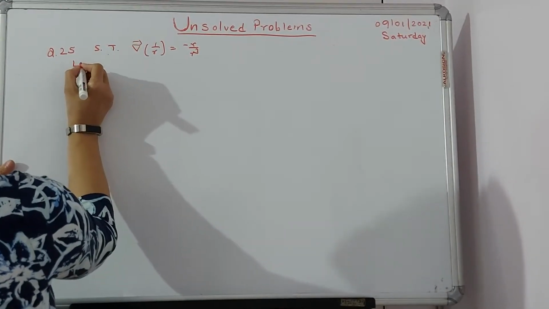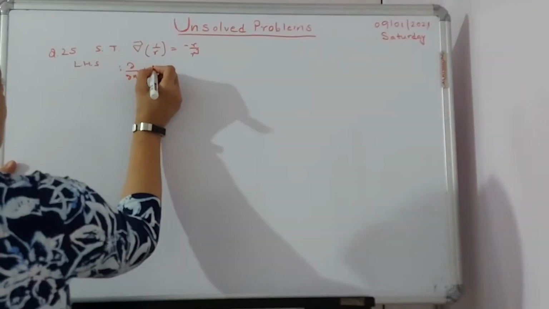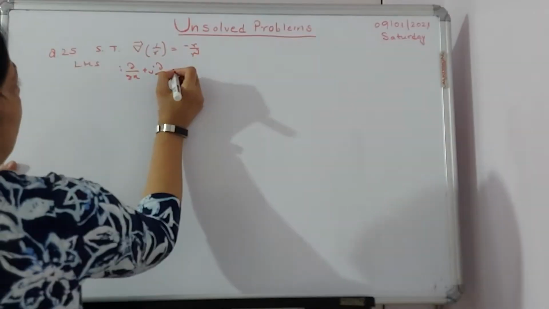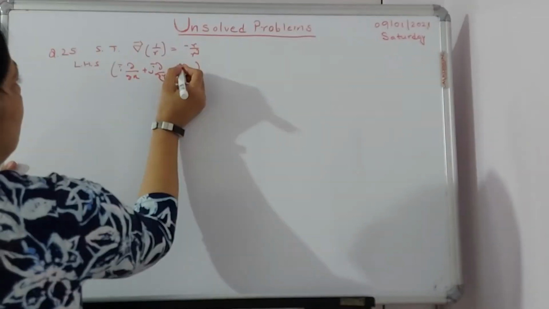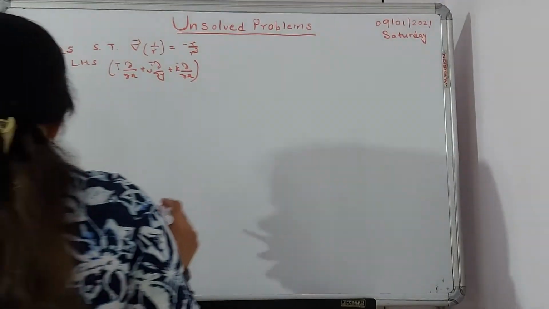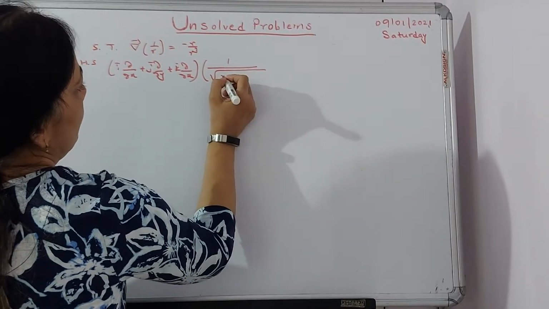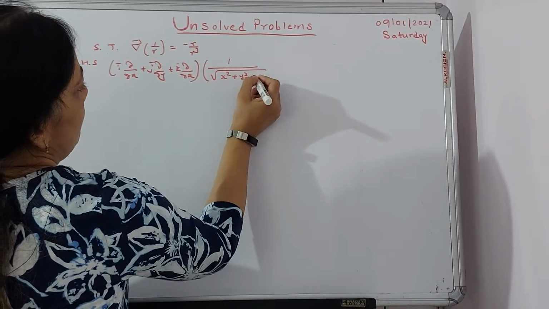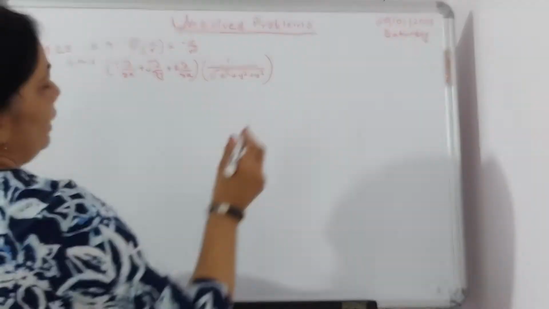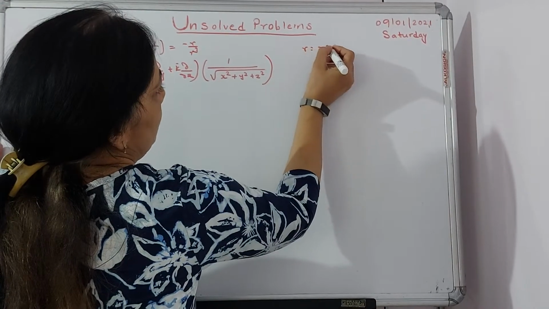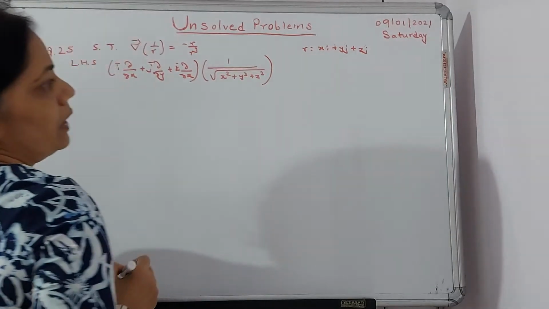We will say LHS: i ∂/∂x + j ∂/∂y + k ∂/∂z of 1/r. To that I will write 1 upon under root x² + y² + z². Why? Because we are taking r to be xi + yj + zk.